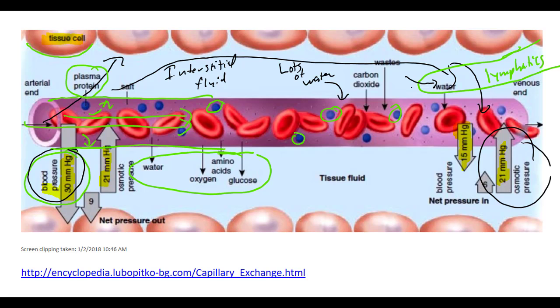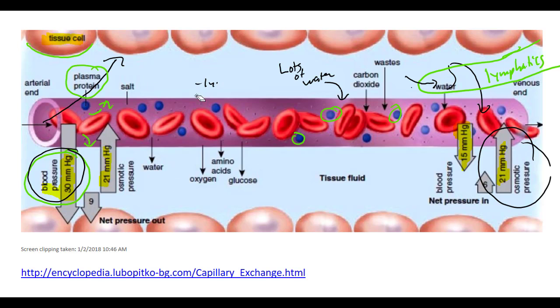Another thing I want to mention while we're in this slide is that the scale is off. When we're looking here, I'm just going to erase some of this stuff. When we're looking at the relative size of proteins and red blood cells, this protein looks like it's a similar size maybe to a red blood cell.